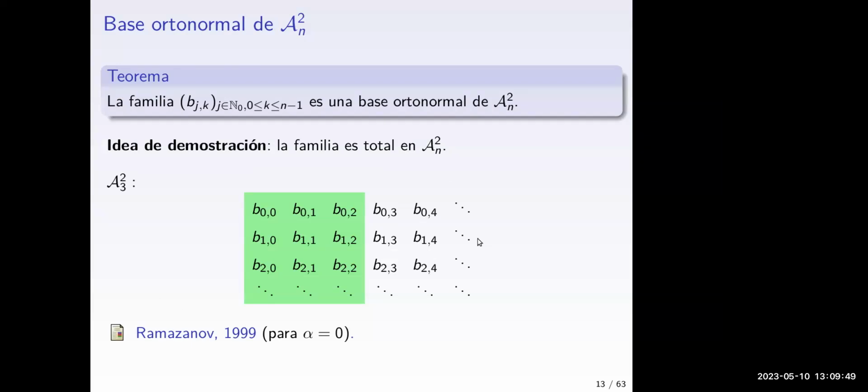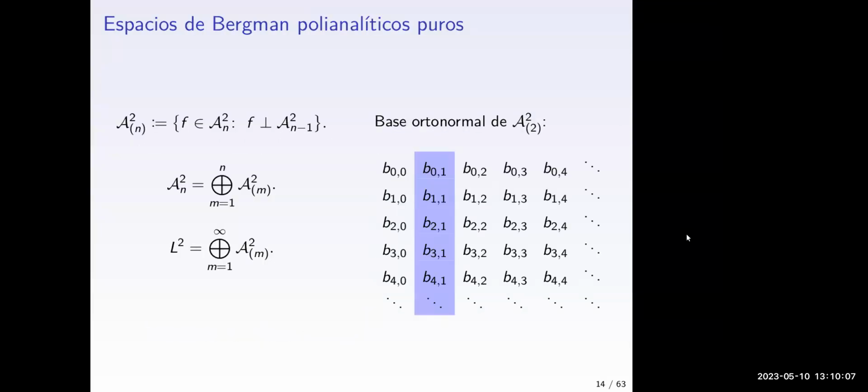Last time, of course, we talked about how we could see these polyanalytic Bergman spaces as the infinite columns of this infinite table. The pure polyanalytic or true polyanalytic Bergman spaces.